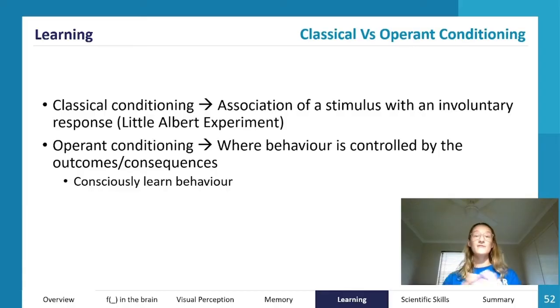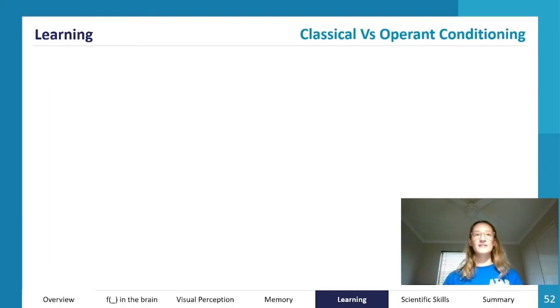So for example, if a student received a detention, they actually have to choose, okay, I actually don't want to get a detention again. I actually need to change my behavior because this consequence, this outcome is or isn't desired. So our operant conditioning is about our learner actively making choices about their behavior based on the outcomes or consequences.